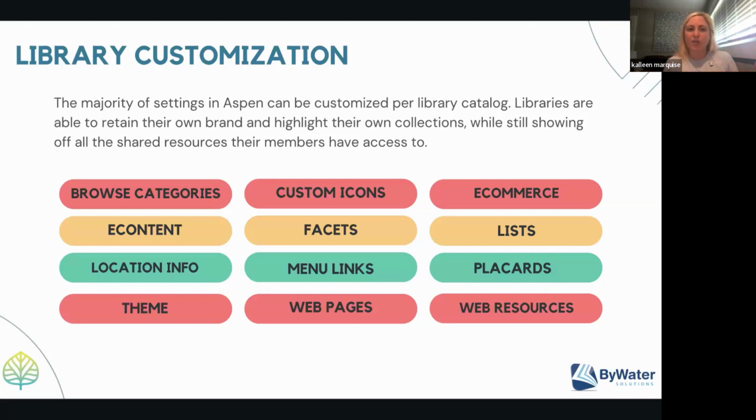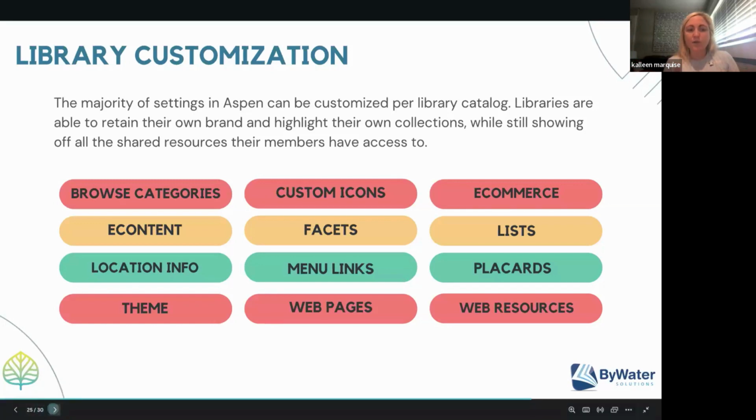That can all be tailored per library system as well. Libraries can even have their own facets, so those filters that you see on the search results, because an academic library versus a public library versus a K through 12 catalog might have different things that they want to gear their users to. So lots and lots of different customization is available for these different library system catalogs.